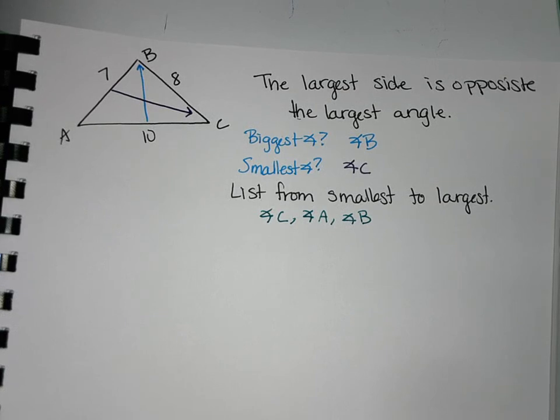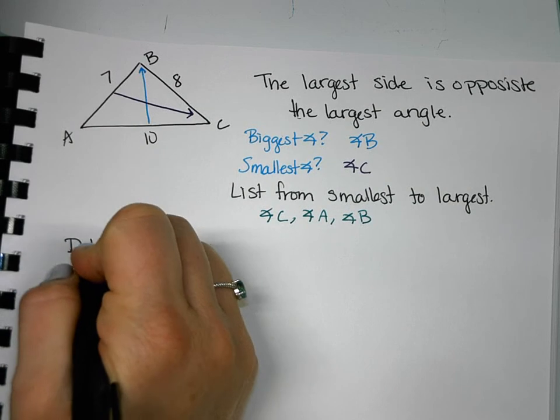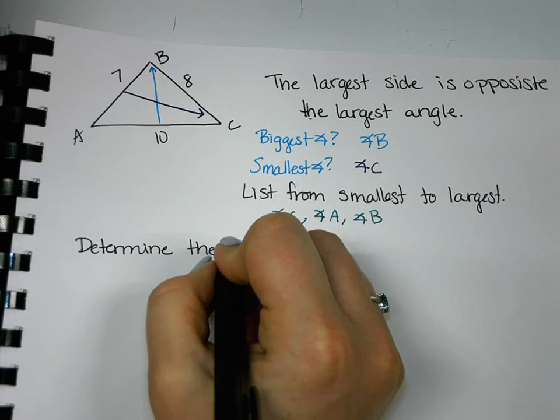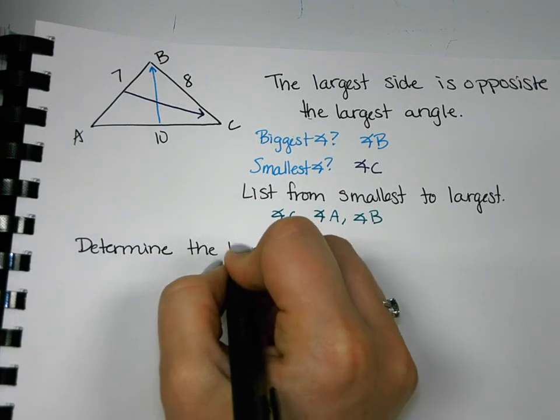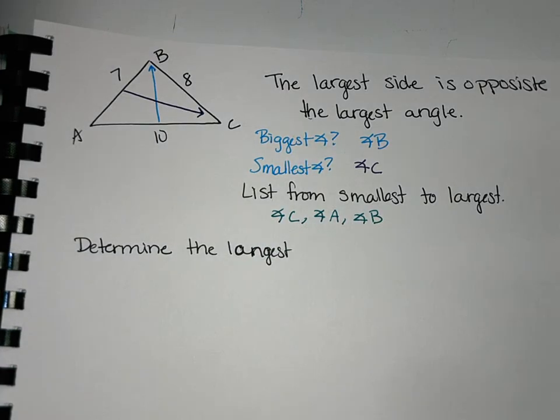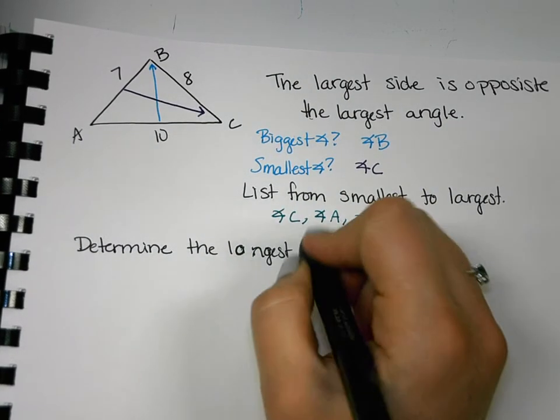Okay, so what we're going to do with these last two examples is we're going to practice figuring out the smallest and the largest in a triangle. The only difference, so we're going to be determining the largest, I'll say longest, the longest side.